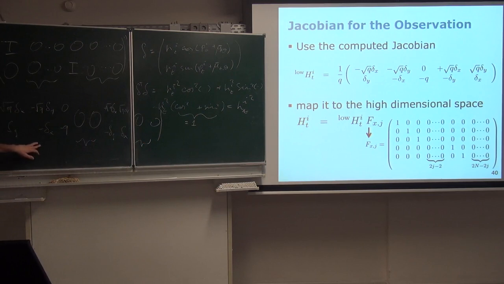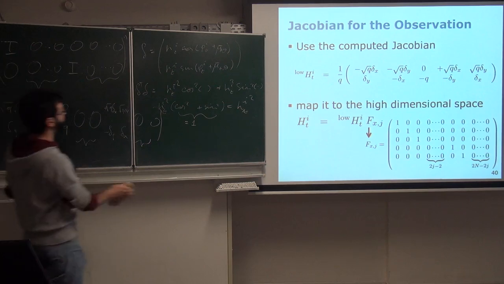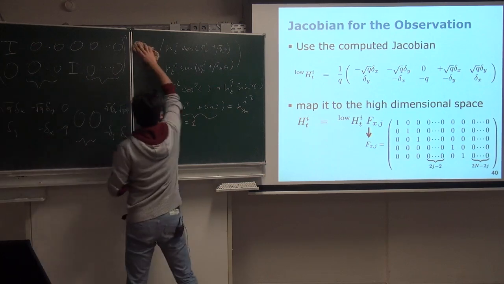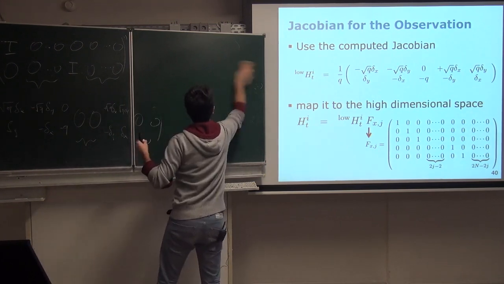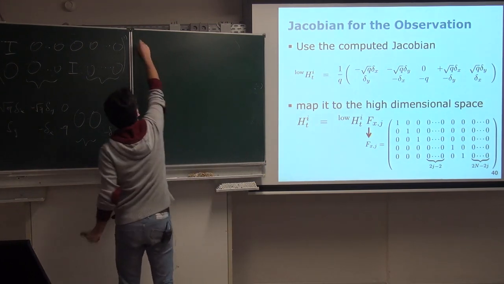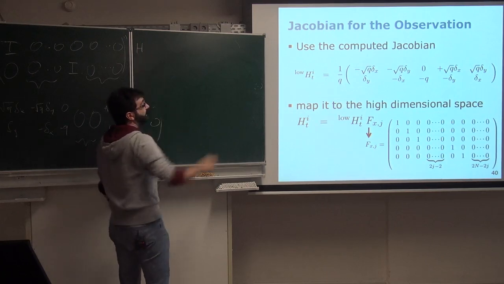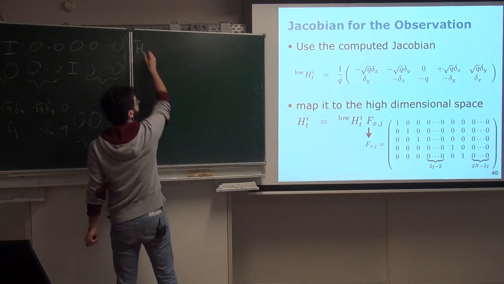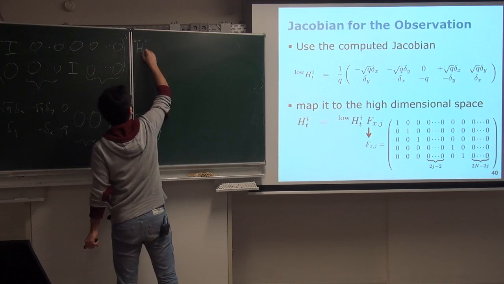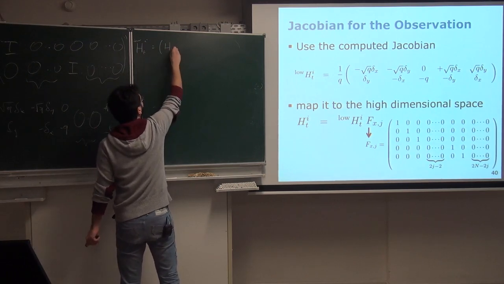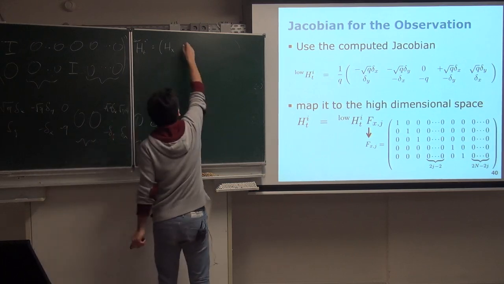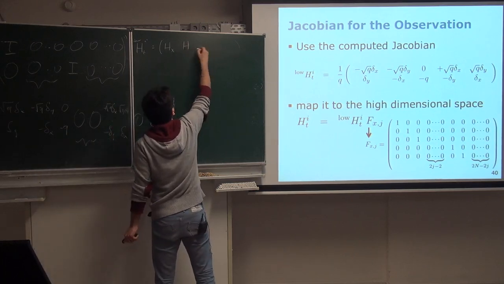So again, if you do the parallel, you can write it compactly in this way, which is the low-dimensional H. You can write it as a part which depends on the robot state and a part which depends on the landmark.